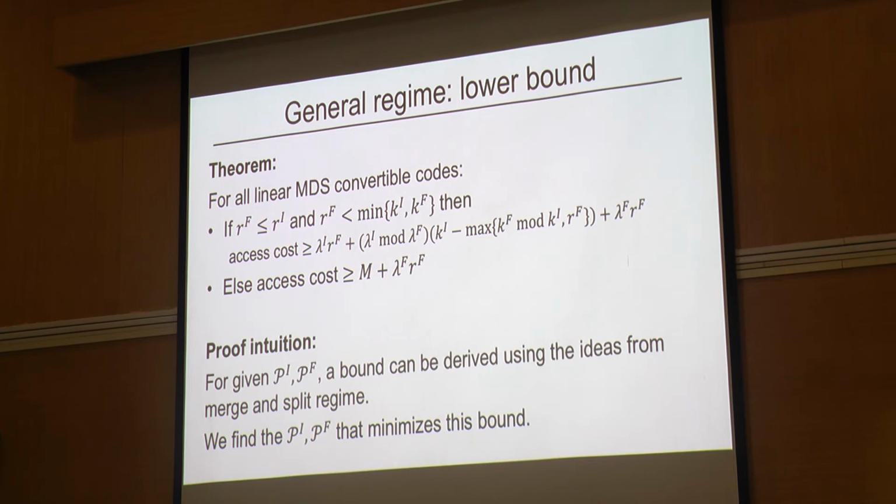So basically, given Pi and Pf, we can use merge and split to cover any given parameter regime and some slight generalizations. But then what we do is optimize over these partition functions. So what should be the partition functions which will give the minimum cost? So we take this two-step process.